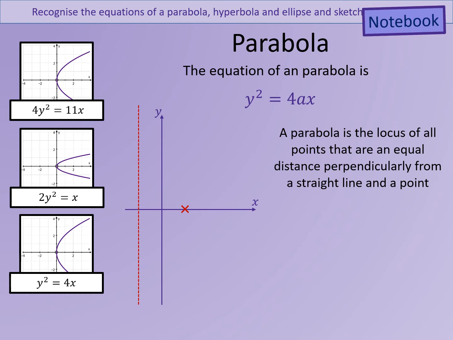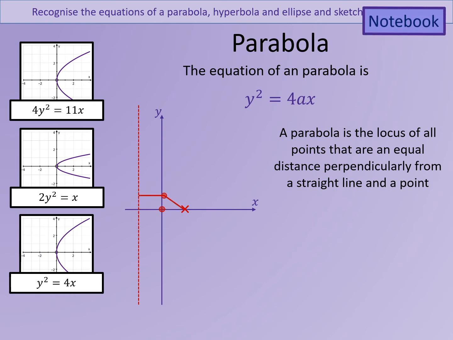That point and the line are an equal distance away from the y-axis. So the origin is the same distance away from both the line and the point. We're going to look at other points that are the same distance between the line and the point if we go horizontally across from the line.